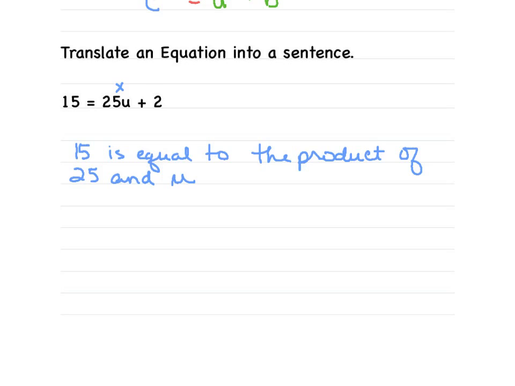I think I'll write that: increased by 2. So again, there are a number of variations that would be correct. But again, the point is to practice using our vocabulary terms. So here's what my sentence reads: 15 is equal to the product of 25 and u increased by 2.